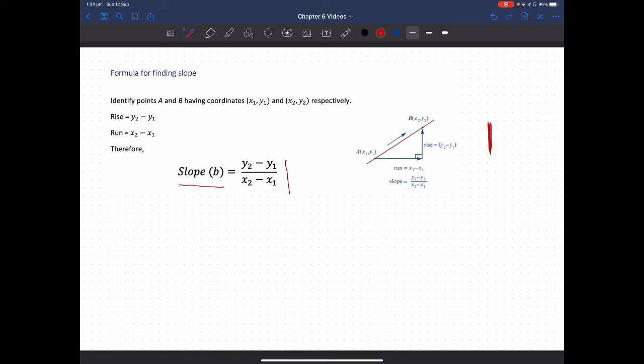It is the difference in our y values. So 1 point minus the other. So the y values of those points. The run is the change in the x values. The second point minus the first point.